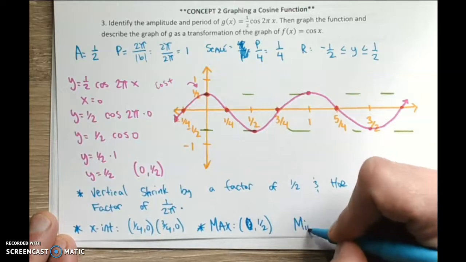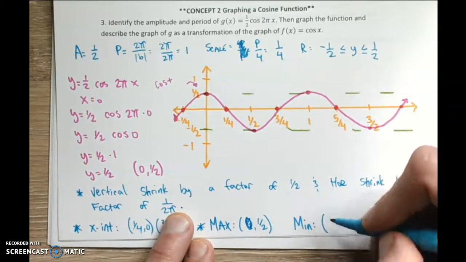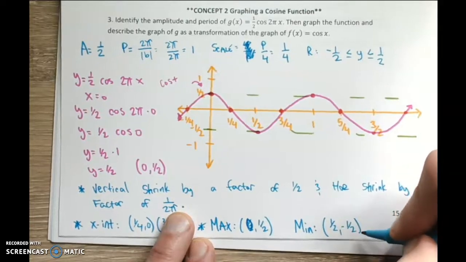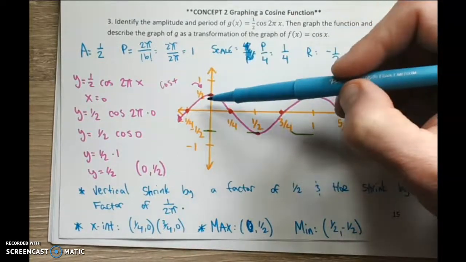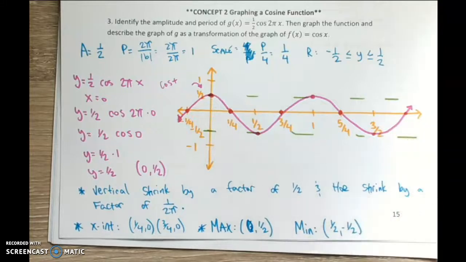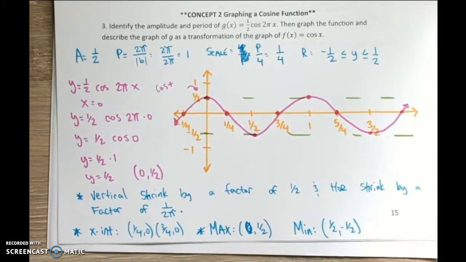And then my minimum value is (1/2, negative 1/2). So my max value is up here, my minimum value is right there. Alright, and there you go. There's number 3. We graphed a cosine function.